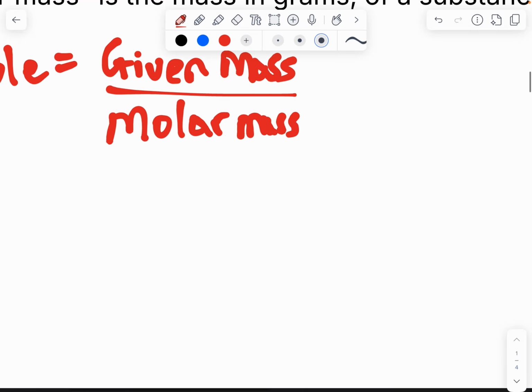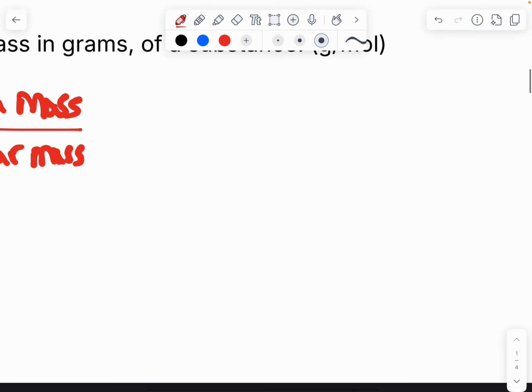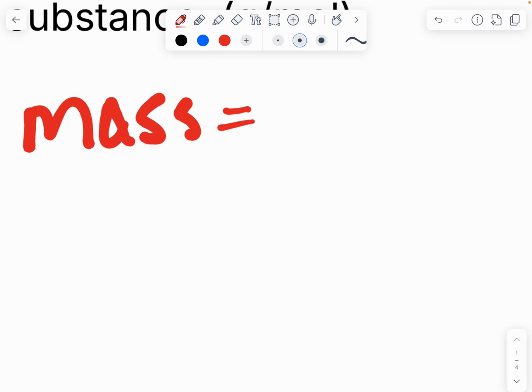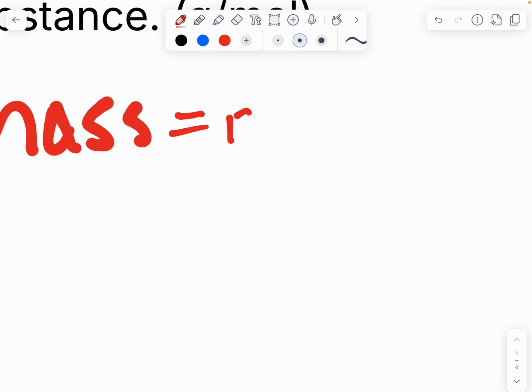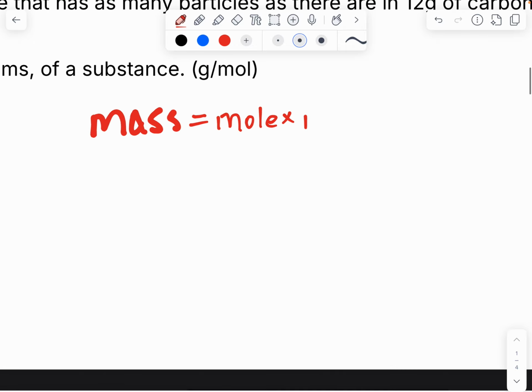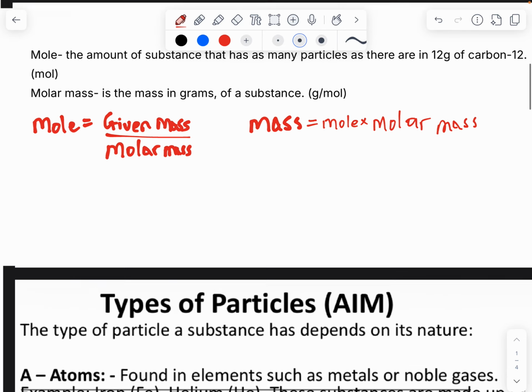And we also looked at the conversion for mass, where mass is equal to mole multiplied by molar mass. These were the ones that we looked at before.